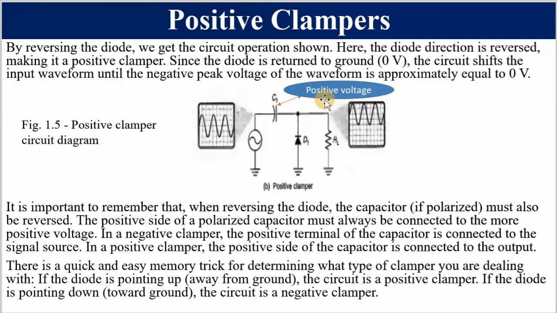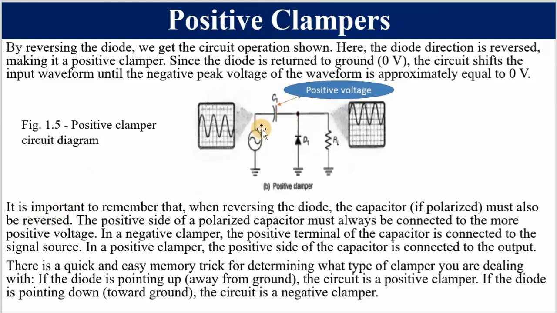Since the diode is returned to ground, the circuit shifts the input waveform until the negative peak is equal to the 0 volts reference value. Please take note, when reverse biasing the diode, the capacitor, if polarized, must also be reverse biased as we have done.